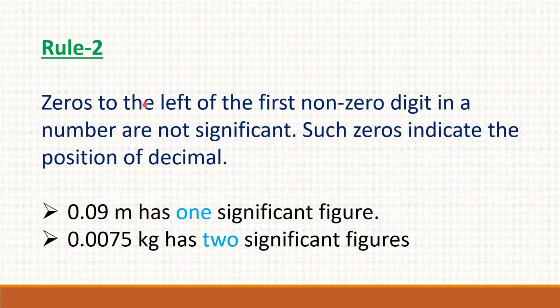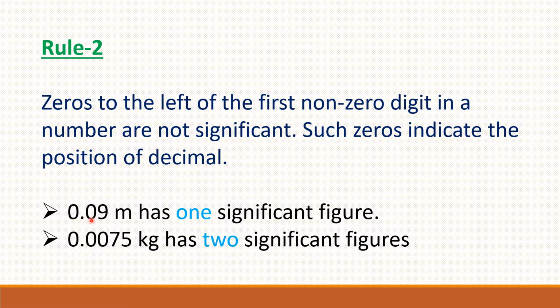Rule 2. Zeros to the left of the first non-zero digit in a number are not significant. Such zeros indicate the position of the decimal. Let us see here 0.09 meter. In this number, there are two zeros to the left of the non-zero digit.